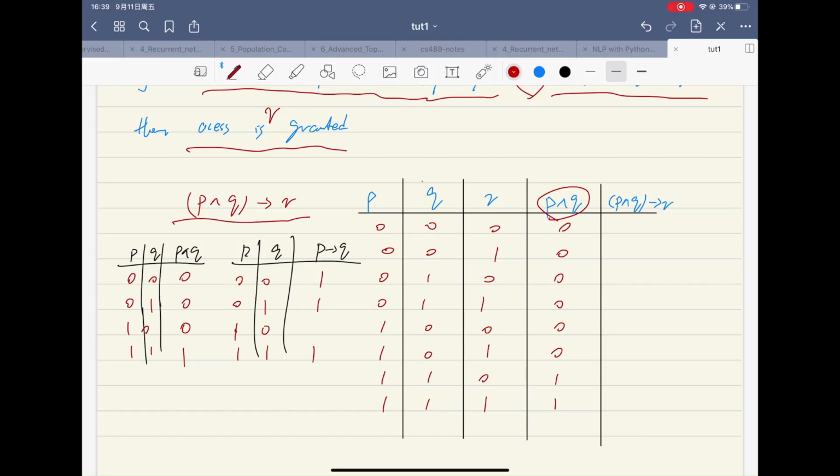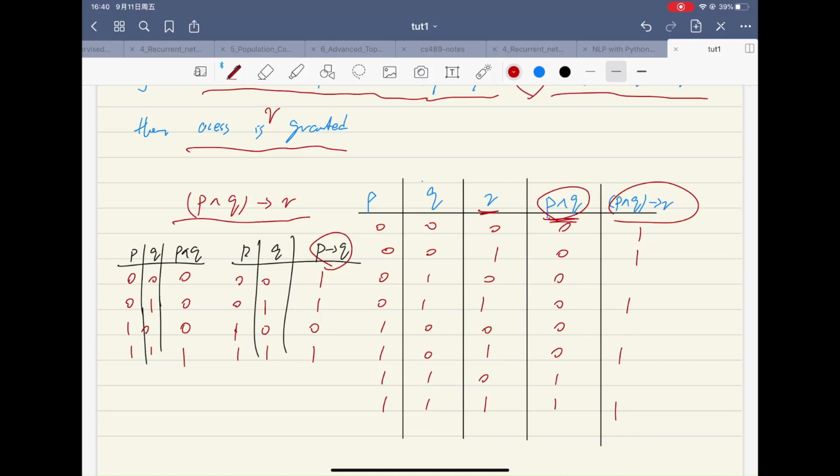But if the hypothesis is true and the conclusion is false, then the implication will be false. So what we have here is P and Q implies R. P and Q here, R here. So false implies false will be true. False implies true will be true, because if the conclusion is true, then the whole statement will be true.